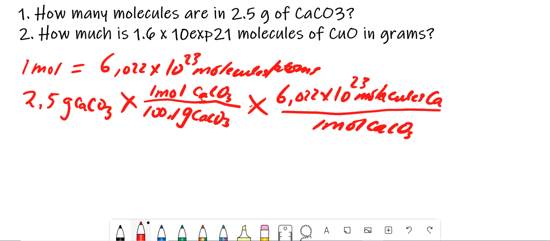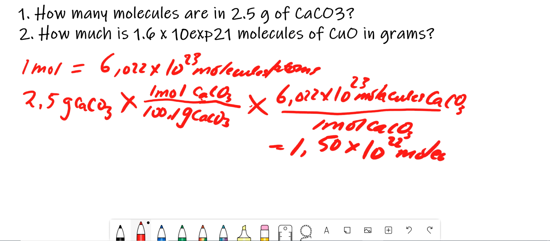This will also be molecules of calcium carbonate in this case. If you punch your calculator, you will find the answer to be 1.50 times 10 to the power 22 molecules of calcium carbonate.